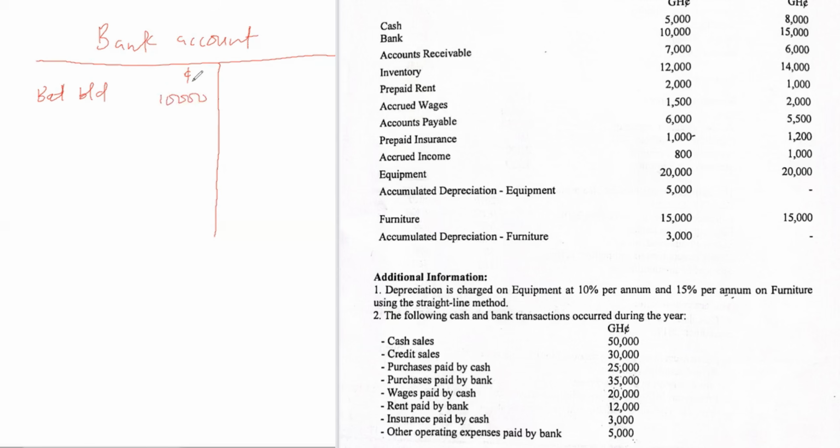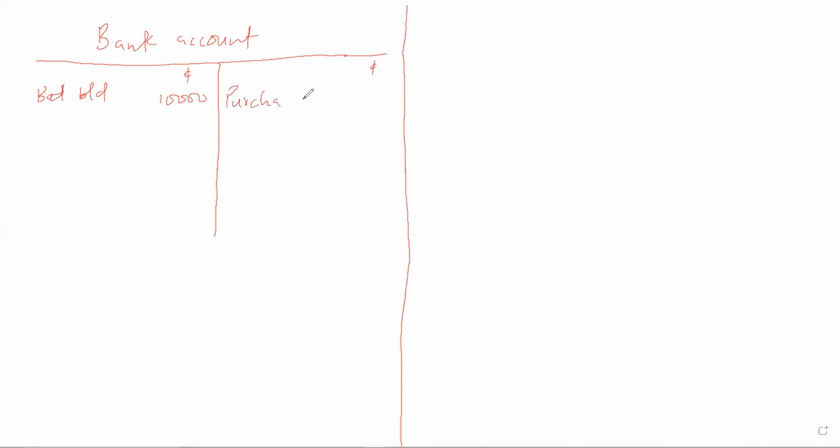Then when you look at the question, we have purchases paid by bank. If it was paid by bank, then it means the purchases will be on the credit side. So purchases, which is 35,000.